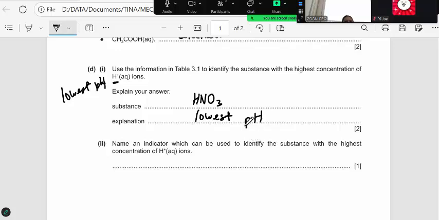Name the indicator which can be used to identify the substance with the highest concentration. So this one, you have to use universal indicator. Do you know what they're trying to say? Okay. With the highest concentration of hydrogen ion is basically saying, hey, which one is going to tell me the pH? That's it. Okay. All right.